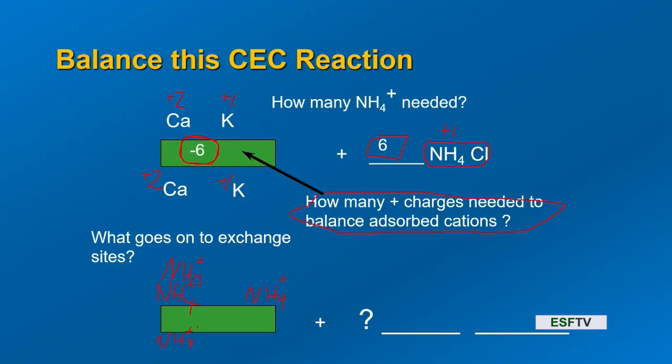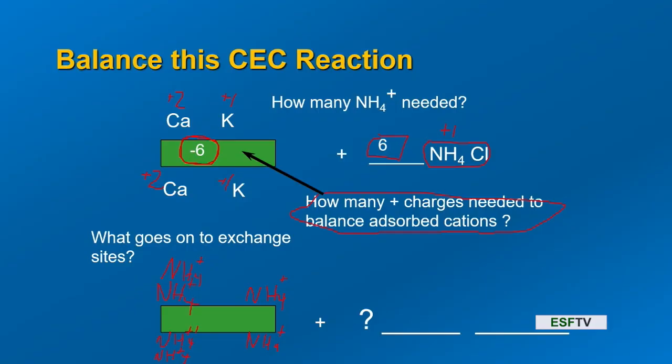There's one of them. There's two of them. Now, the only thing left, I got to take care of this potassium. That's a +1, so I need one of these to replace it. There. Now I've balanced the charges.